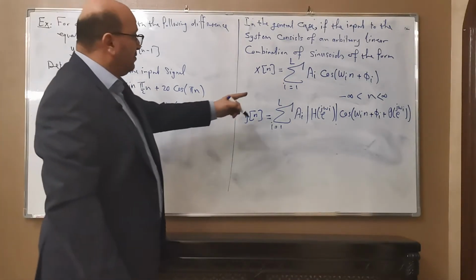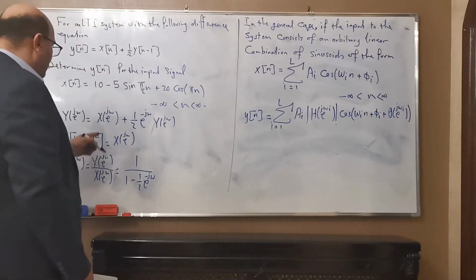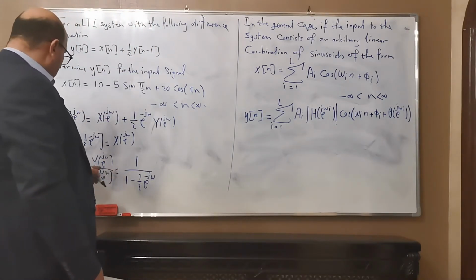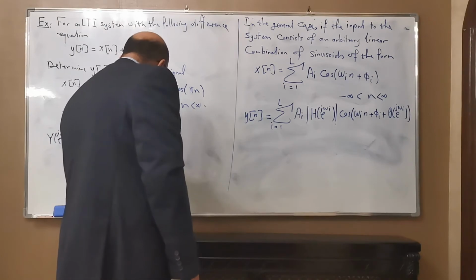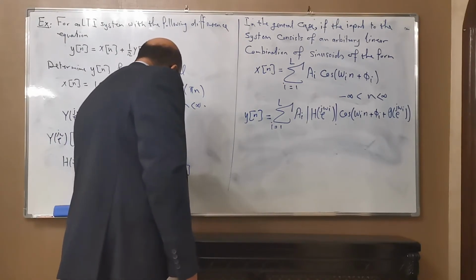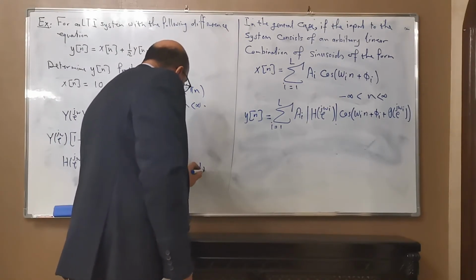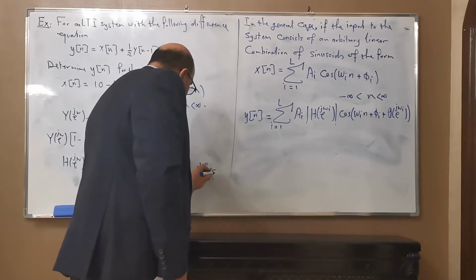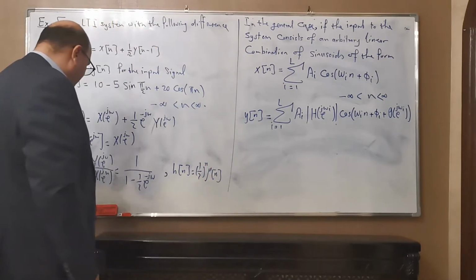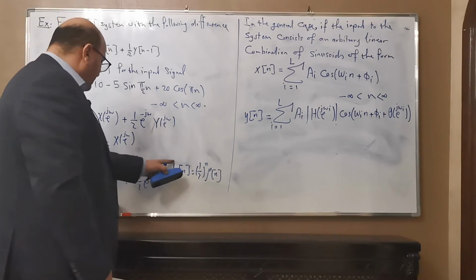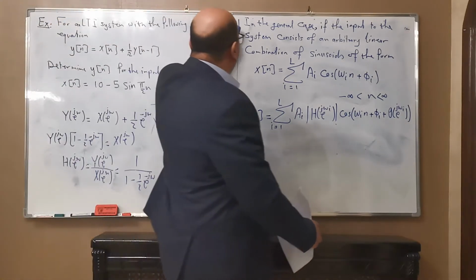Which is the same as the impulse response for this one. Actually, h[n] is equal to (1/2)^n u[n]. Knowing this from the table, you can say that these two are a Fourier transform pair.